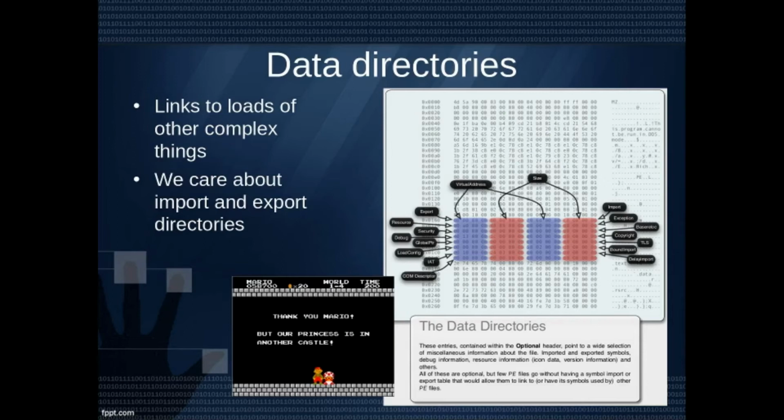Resources are going to include images, pictures, icons, mouse pointers, whatever the case may be. All of these data structures that are linked to are incredibly complex as well, so we're not going to dig into these. What we do care about specifically is the import and export directories.